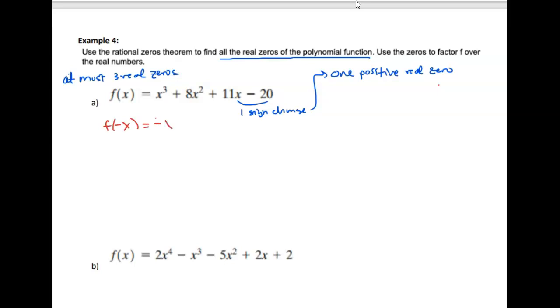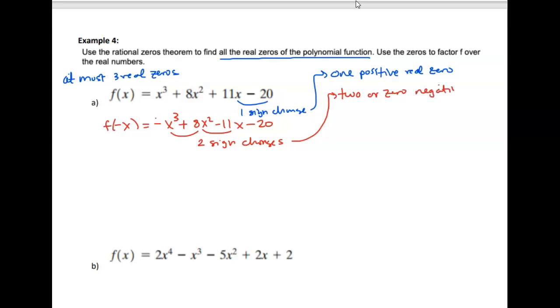So we get negative x cubed plus 8x squared minus 11x minus 20. And count the sign changes. So there's 1 and there's 2. So 2 sign changes, which means I could have 2 or 0 negative real zeros. So this gives us a clue what to look for.